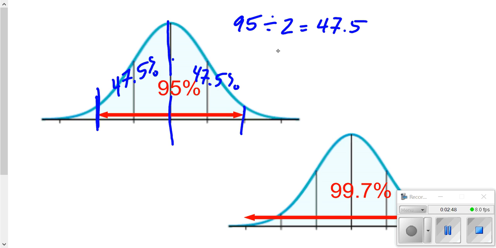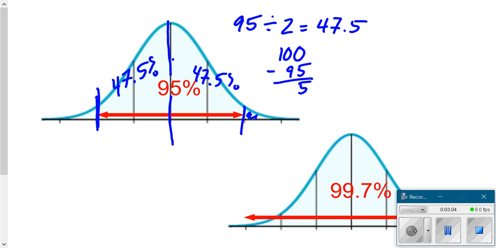And then if you think about 100, because that's the entire graph, minus 95, that leaves me with 5%. And that 5% has to be split between the two tails that exist. So there's a little itty bitty tail here, and there's a little itty bitty tail on the other side. And this tail goes past the third standard deviation line possibly.